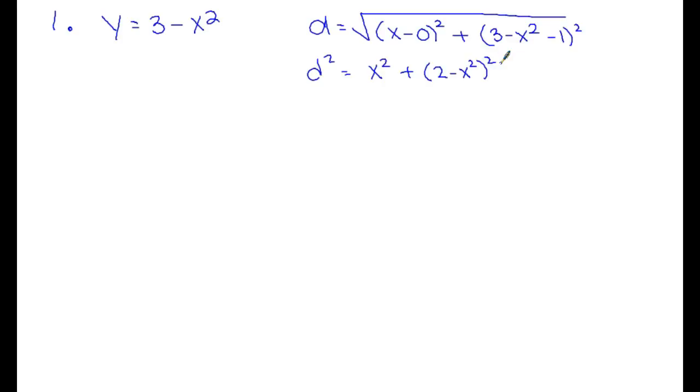Yeah, I got all the way. Okay. So when you derive, you would have 2d times d prime. And then you got 2x plus 2 times 2 minus x squared times negative 2x.